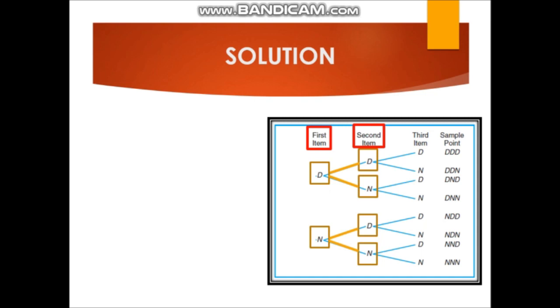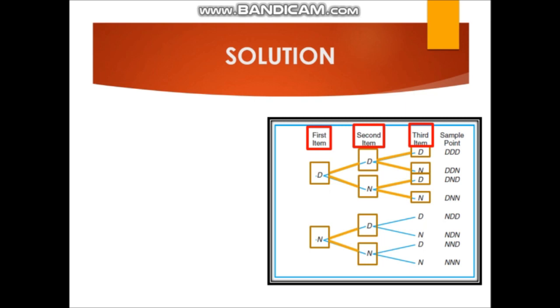Let us proceed to our third item. If the first item is defective and our second item is also defective, our third item can be defective or non-defective. If our first item is defective and our second item is non-defective, our third item can be defective or non-defective.